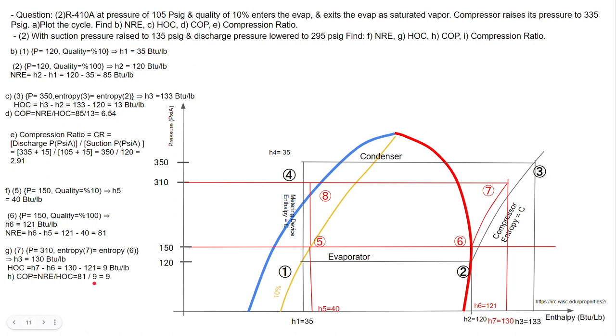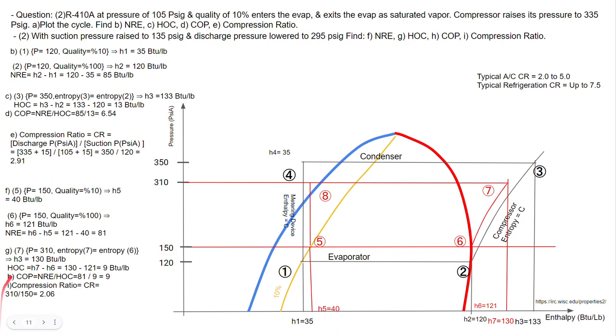So the coefficient of performance for the new case will be 81 divided by 9, NRE divided by the new HOC, which is 9. And we see that we have a great increase in the efficiency of the system when we increase the suction pressure and lower the discharge pressure. And I can explain to you in detail why it happens.